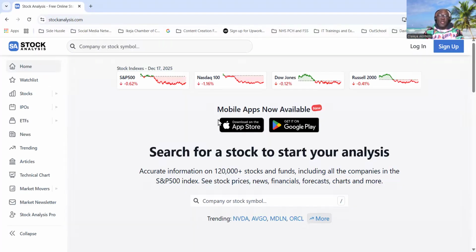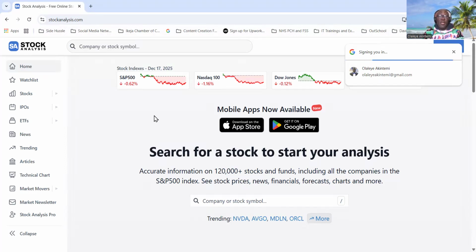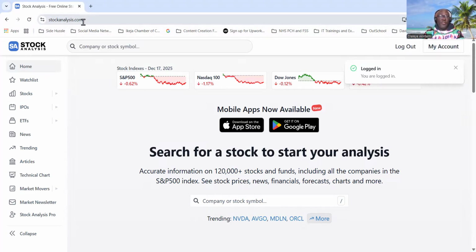You can either enter this web link into your web browser and go to the website, or you can download their app through Google Play or the App Store. But I'm going to be doing this on their website.